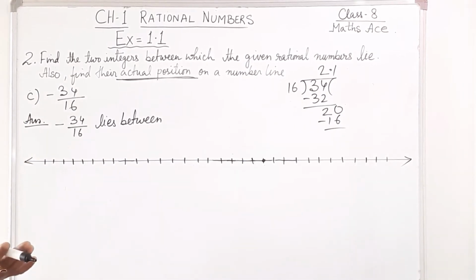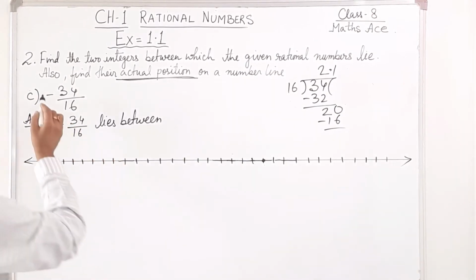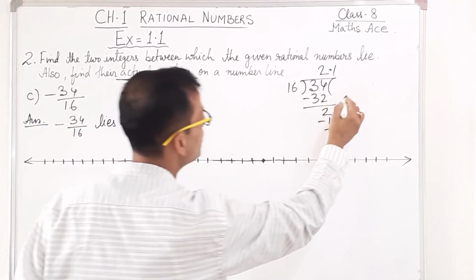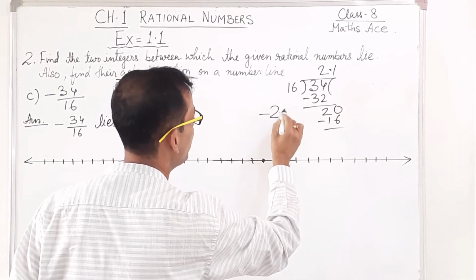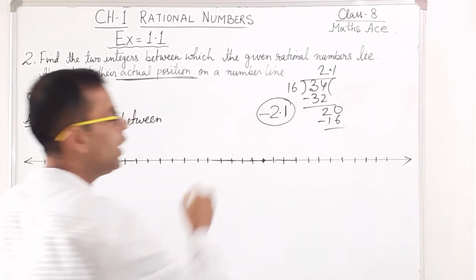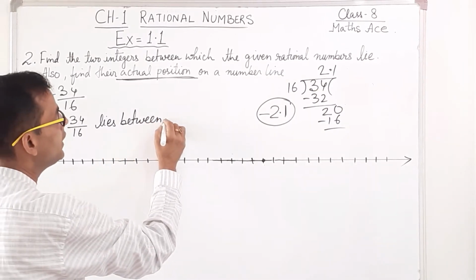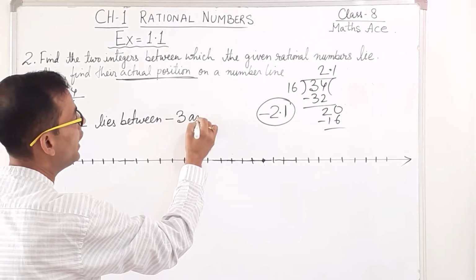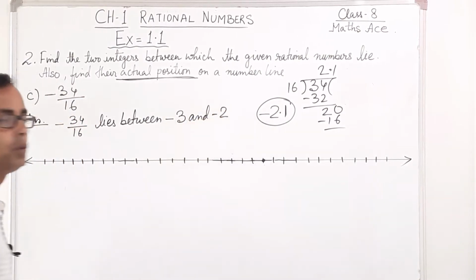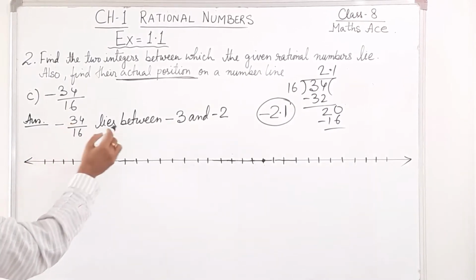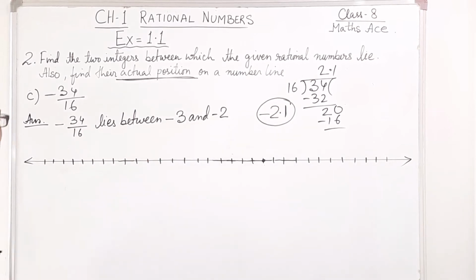That means we got 2.1, but here minus 34 is written, so the answer will be minus 2.1. Now minus 2.1 is lying between minus 3 and minus 2. So we can write minus 3 and minus 2. Clear? Understanding or no? So minus 34 by 16 lies between minus 3 and minus 2.